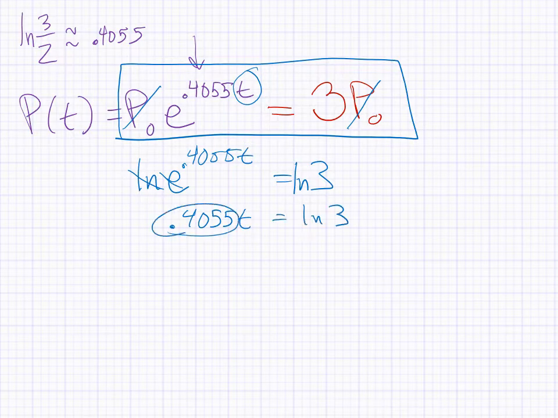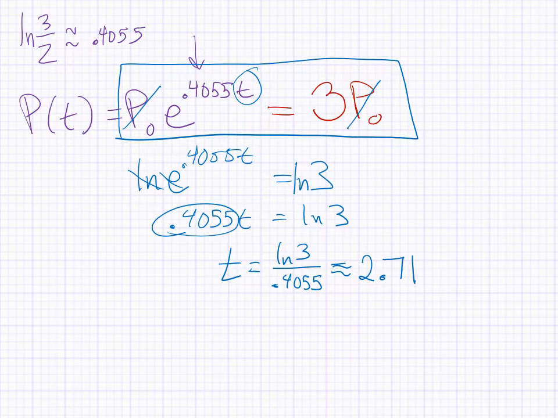Divide by 0.4055, and we get t to be the log of 3 over 0.4055, which is roughly 2.71, and our time was measured in hours. So roughly 2.71 hours for the amount of bacteria to triple.